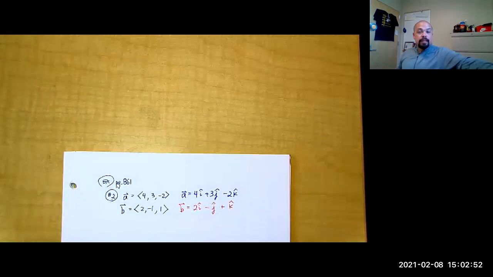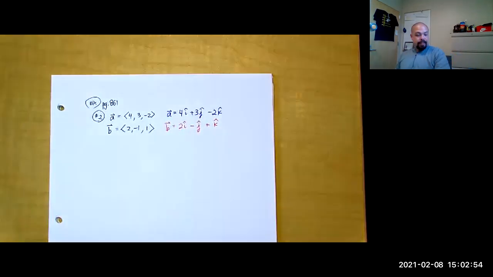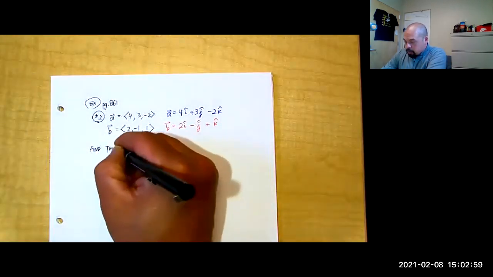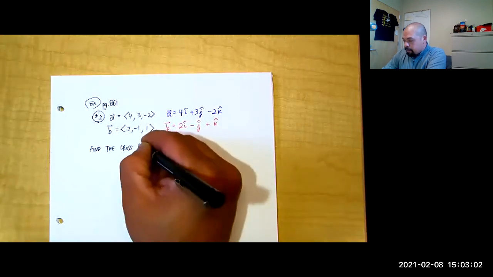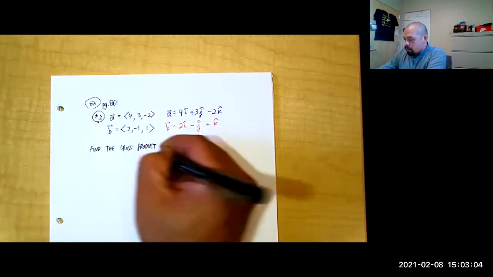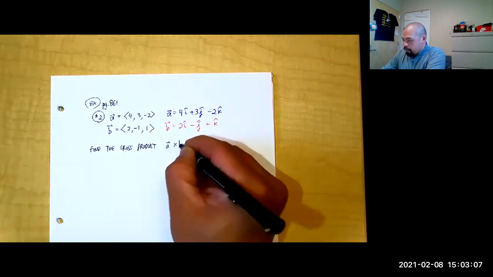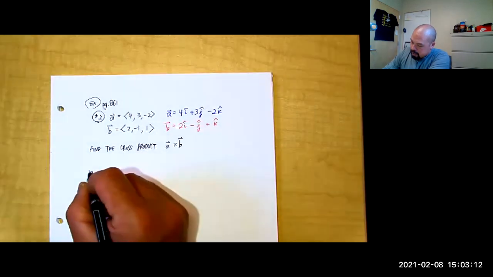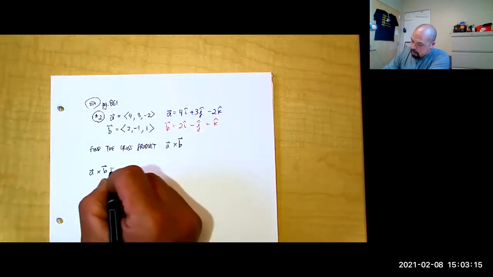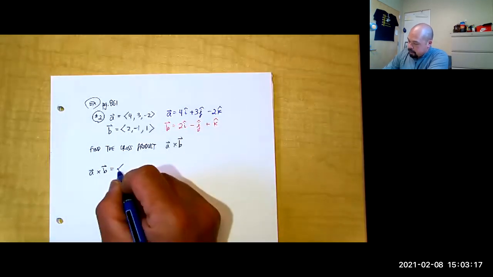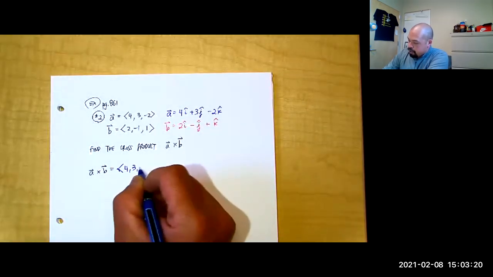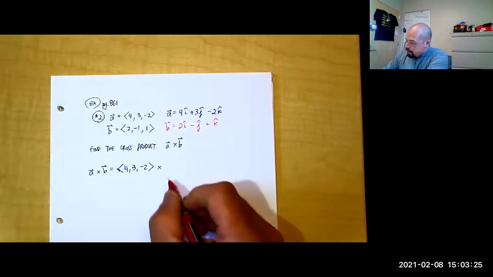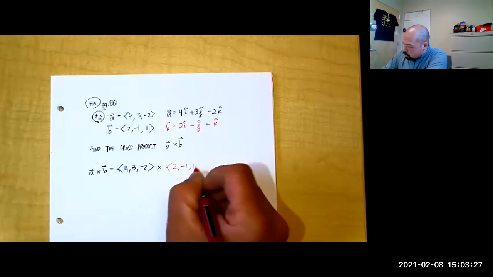Another way to represent these two vectors. All right, with these two vectors given to us, let's find the cross product A cross B. So when I look at that, A cross B, it's 4, 3, -2 crossed with 2, -1, 1.